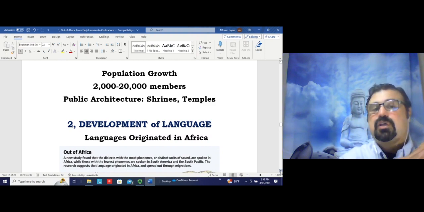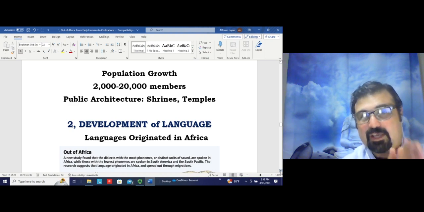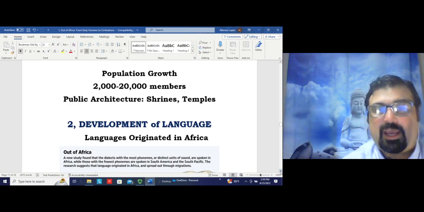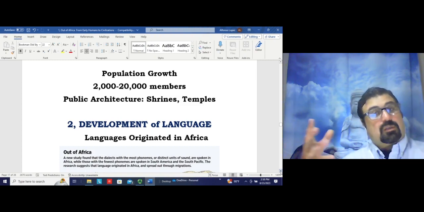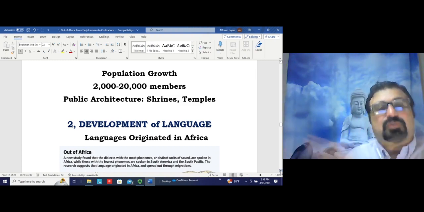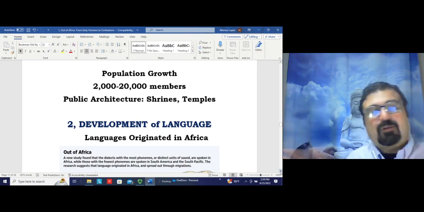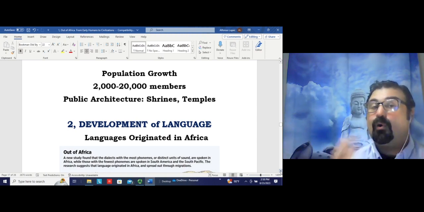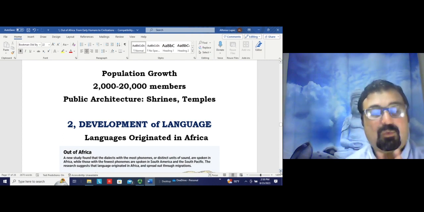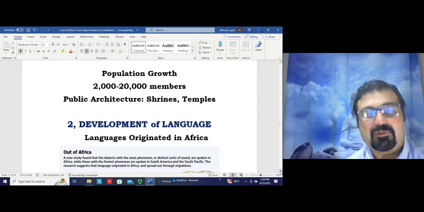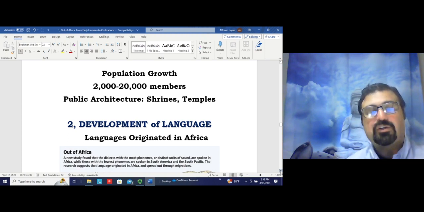Human populations are growing from, let's say, a single village, anywhere from 2,000 to 20,000 members. Those might not seem like a lot to us in our present civilization, but for human societies during this time, where we're talking about 2,000 or 20,000 members, that was an astronomical number of people living together in a large community or series of communities or villages.